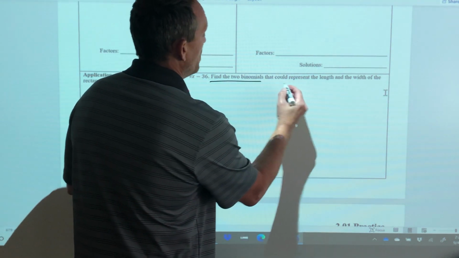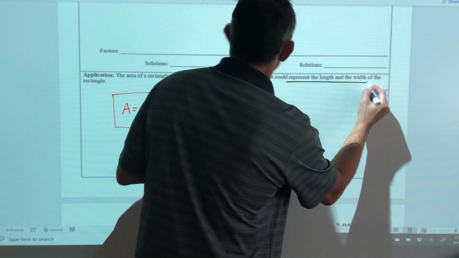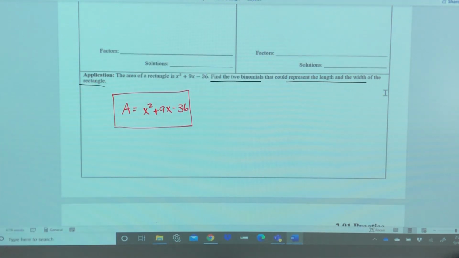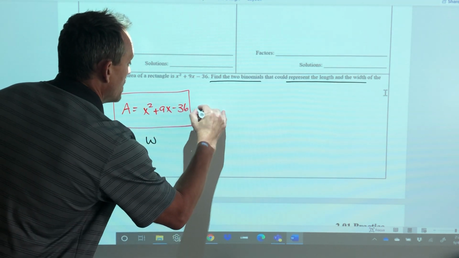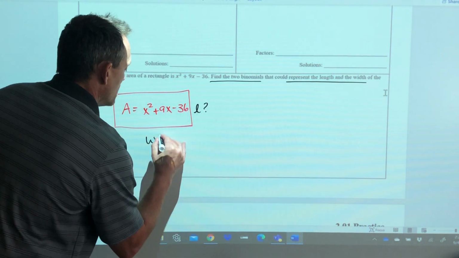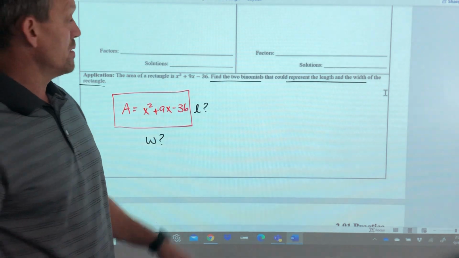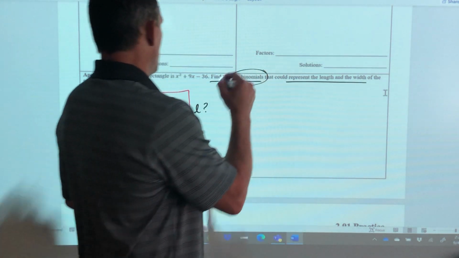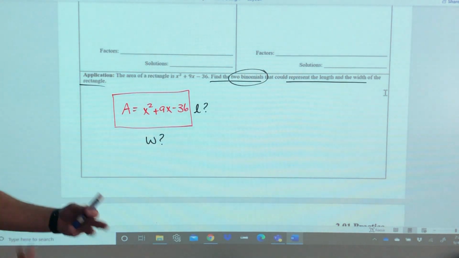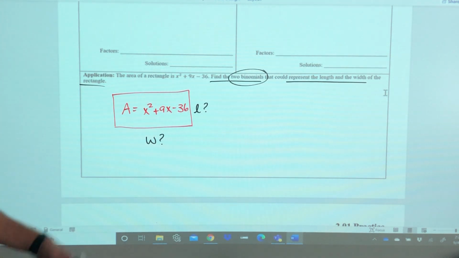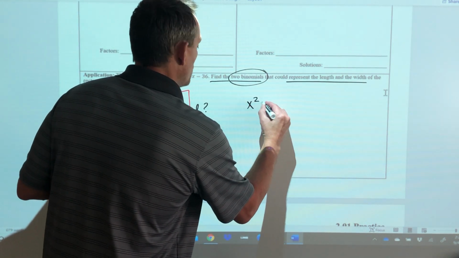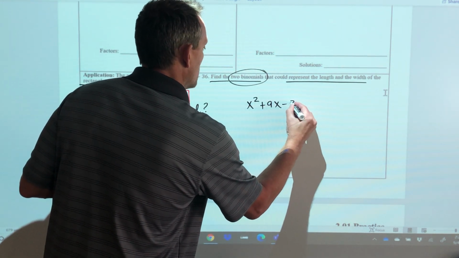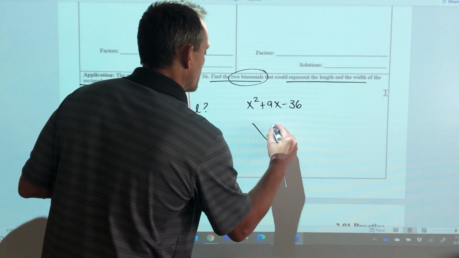Find two binomials that could represent the length and the width of the rectangle. What it's asking you for is to say, here's a width and length. What are they? They don't want a number, they want binomials. They don't want a number, they don't want a solution. Not yet. Okay, so if they don't want a number, they don't want a solution, what do we do? We do what we always do, and we factor.